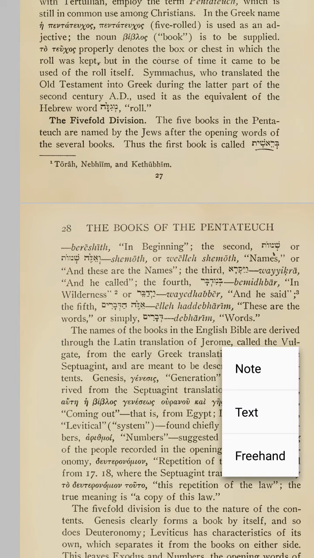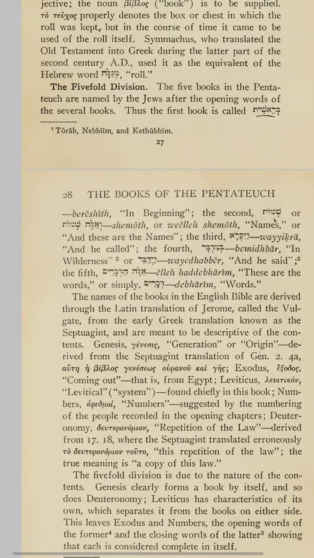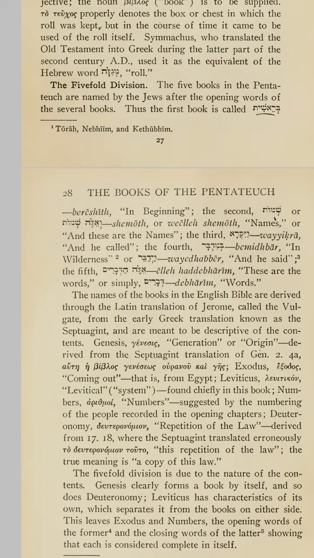The noun biblios, book, is to be supplied. It properly denoted the box or chest in which the roll was kept, but in the course of time it came to be used of the roll itself. Aquila, who translated the Old Testament into Greek during the latter part of the 2nd century AD, used it as the equivalent of the Hebrew word for roll.